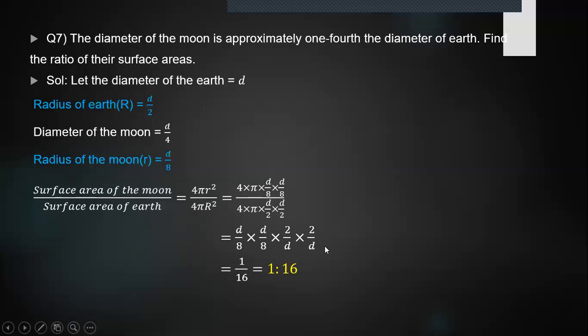Now both the d's get cancelled with the 2 d's in the denominator. If you cancel 2 with the first 8, you get 4. If you cancel the second 2 with the second 8, you get another 4, which is going to give you 1 by 16, and the ratio becomes 1:16.